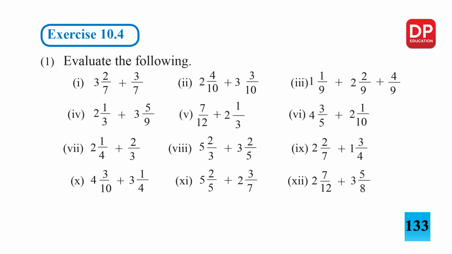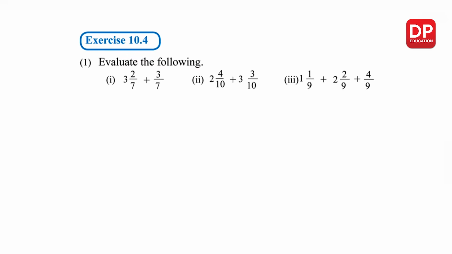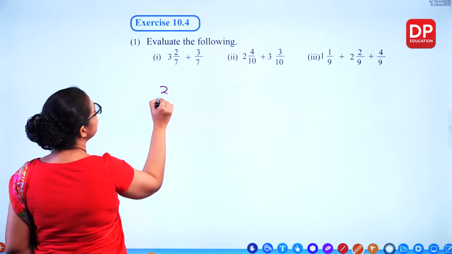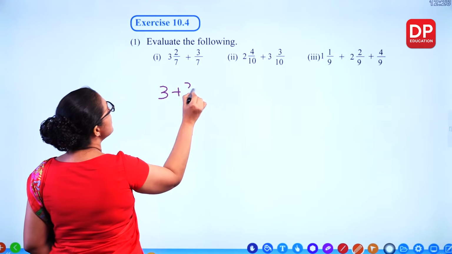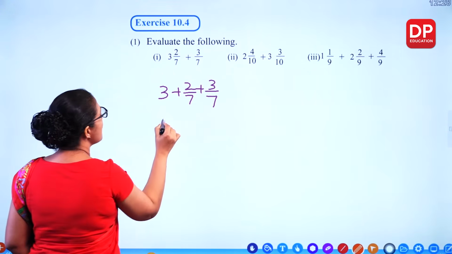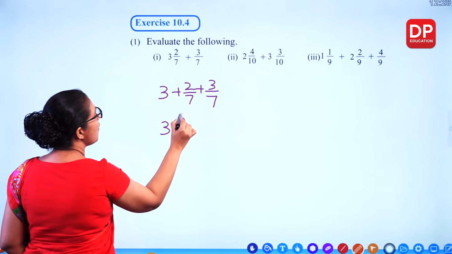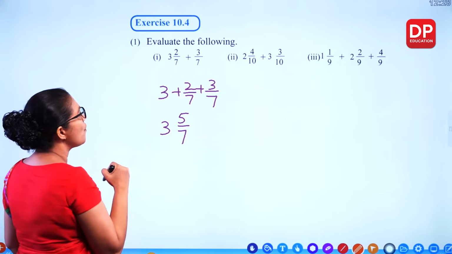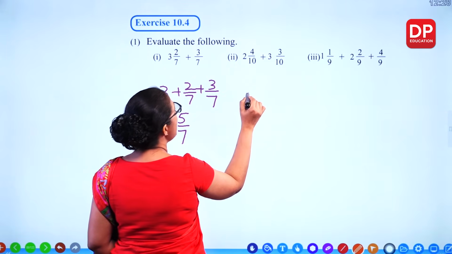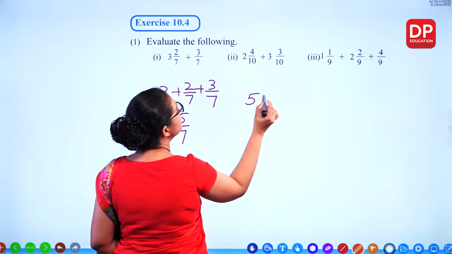Exercise 10.4, evaluate the following. So just add the fractions. 3 is there, 2 sevens and 3 sevens. You can add straight away. So 3 and 5 over 7. 3 plus 2, 5. 3 plus 2, you can add it. That's 5.